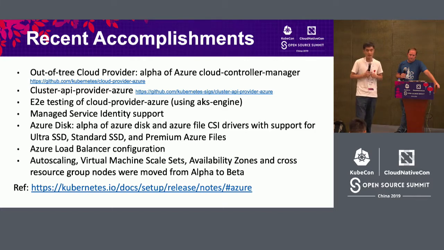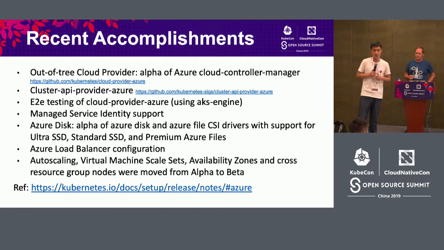Okay, and the next is about Azure Load Balancer. You know that if you use the Kubernetes service with type load balancer, then Azure Cloud Provider will set up Azure Load Balancer, the public IP, and the security groups for you, so that you can access your service using that public IP.